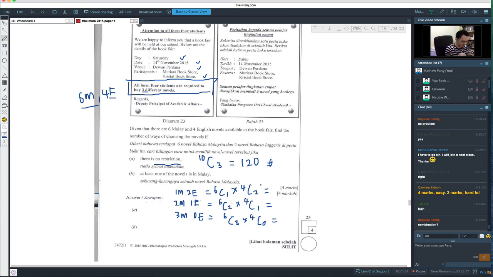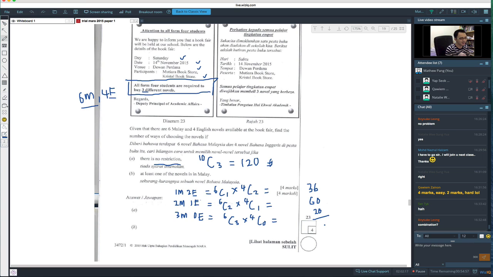So 6C1 times 4C2, the first one I will get is 36. The second one, 6C2 times 4C1, I will get 60. The last one, 6C3 times 4C0, is 20.